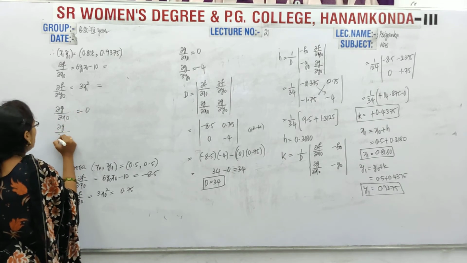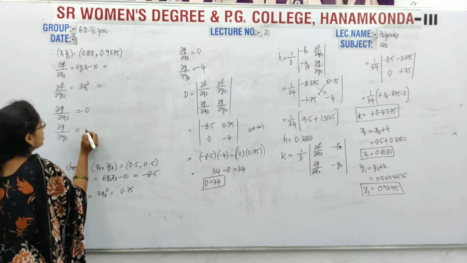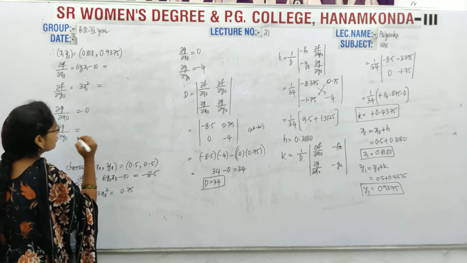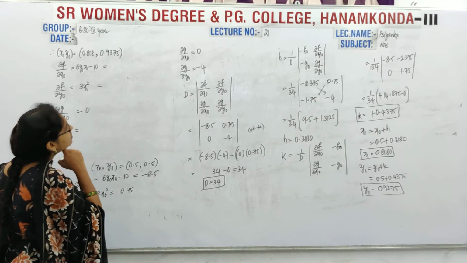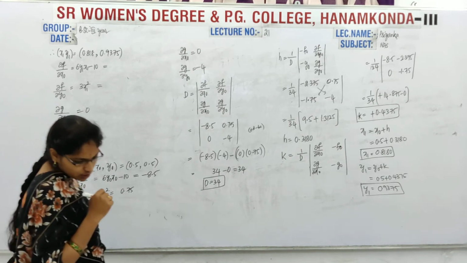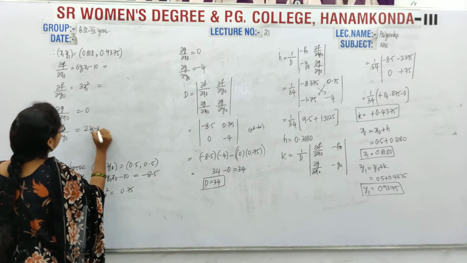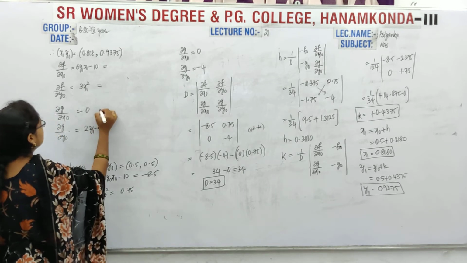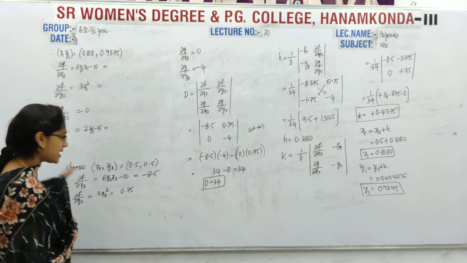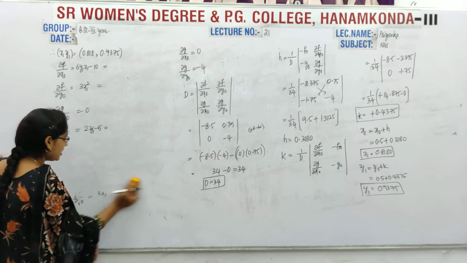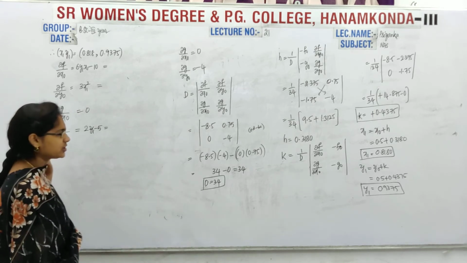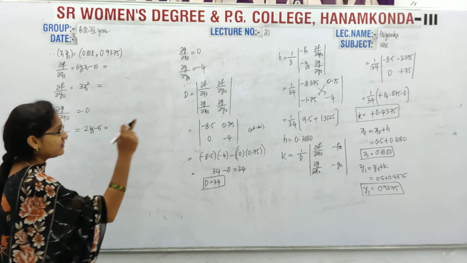Dou g by dou y0 is equal to, what is the value of dou g by dou y? 2y minus 5, that is 2y1 minus 5. Okay. Now next f1 and g1.